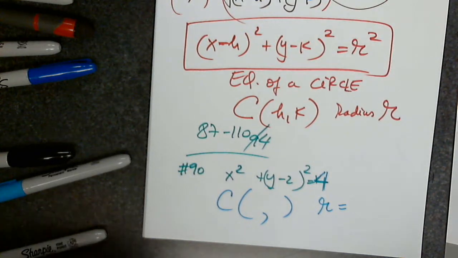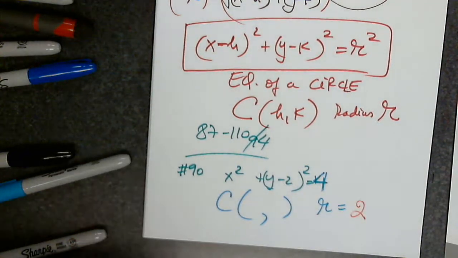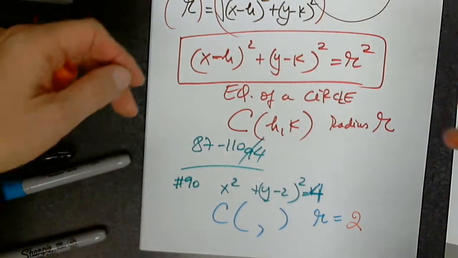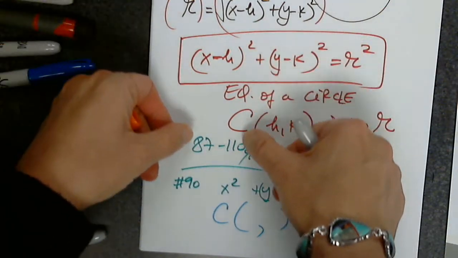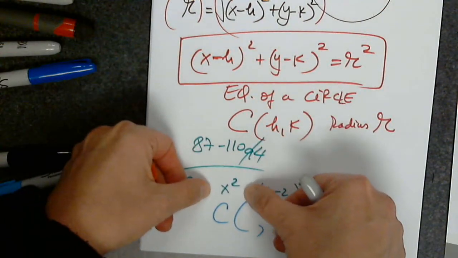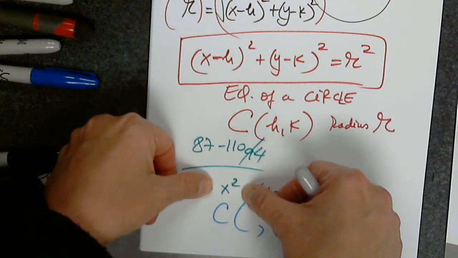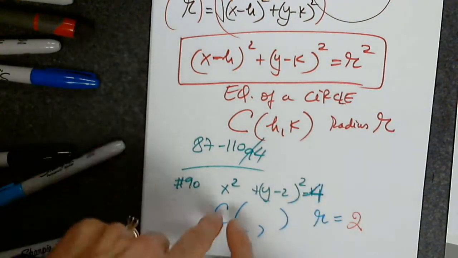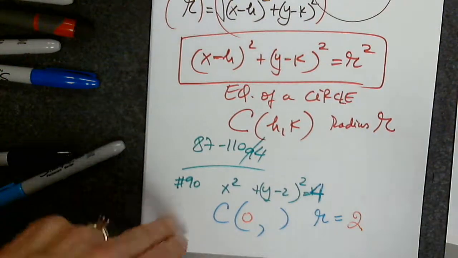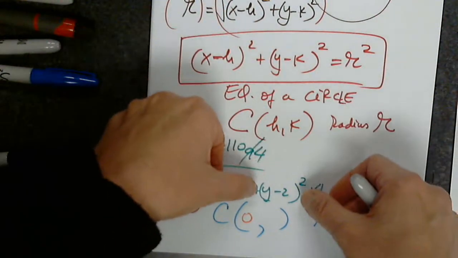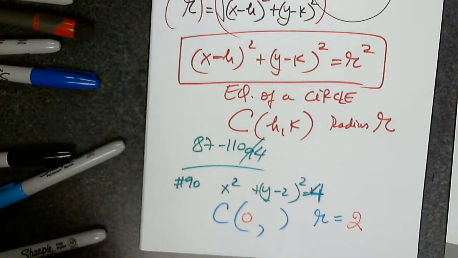The radius is 2. Excellent. Now together, let's compare this to this. So how much is h, which is the x-coordinate of the center? 0. Now let's compare this to this. How much is k?